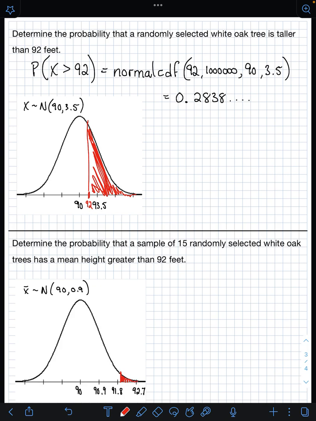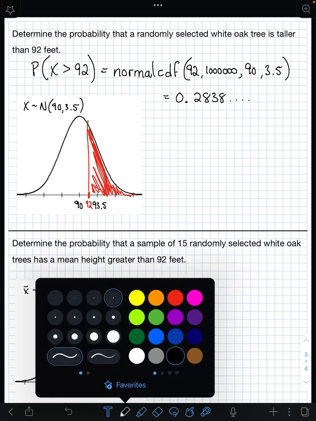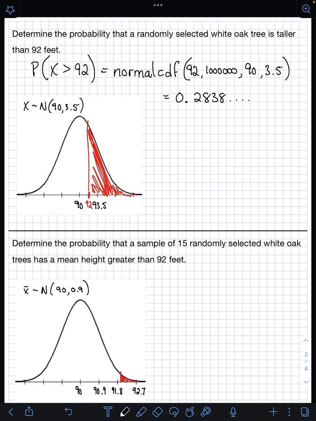And the region that we're looking for the area of is significantly smaller. So we're going to get a very different probability from this. This time, we're being asked what's the probability that the mean of our sample would be greater than 92 feet. And again, we'll use the calculator for this.